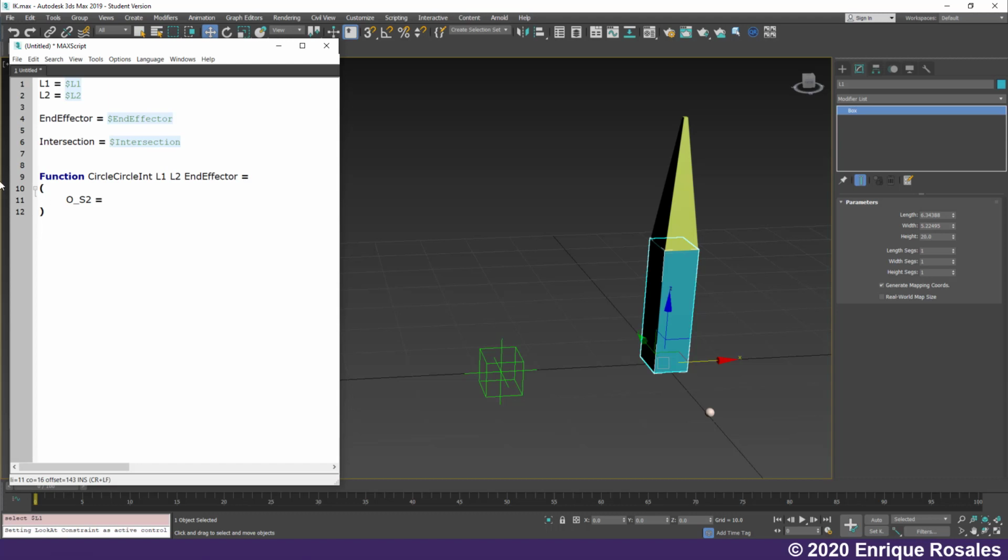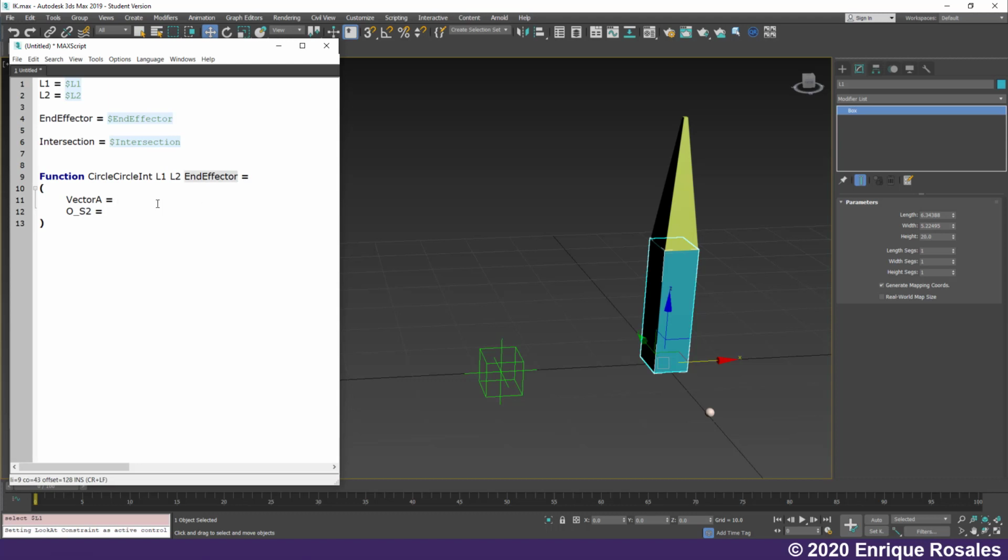Oh, by the way, I don't have A yet, right? So I need to compute a vector. Vector A is equal to the position of the end effector minus the origin.